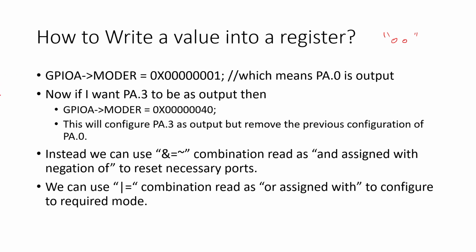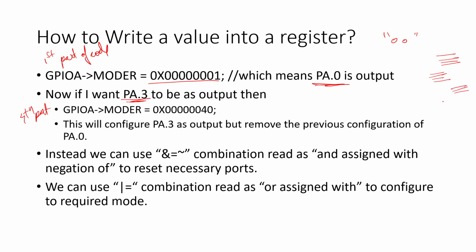Let's say I want GPIO A MODER as 0x0001, which means PA.0 is output. Now if I want PA.3 also as an output, and this is written in, say, the fourth part of the C code, where you have some LCD init functions, then keypad init functions, and after that some I2C drivers.